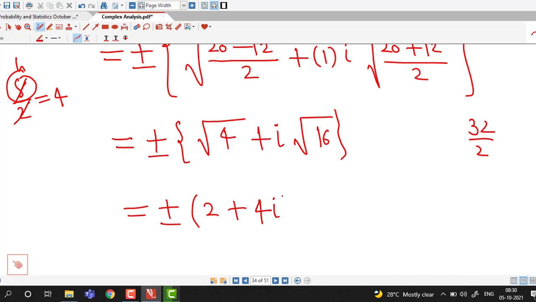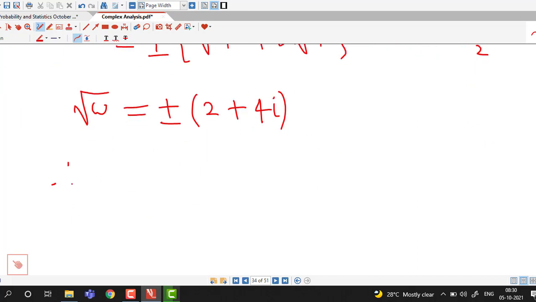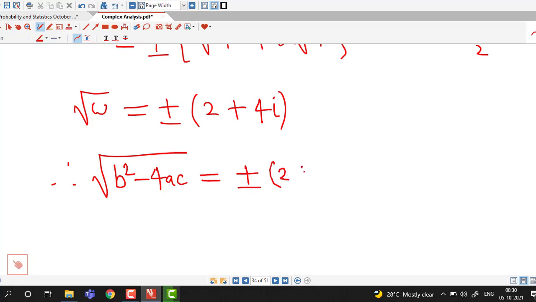So we have plus or minus (2 plus 4i). So these are the square roots of w, and w is b square minus 4ac. So we obtain that square root of b square minus 4ac is plus or minus (2 plus 4i). That is, one value is 2 plus 4i, another value is negative of 2 plus 4i.